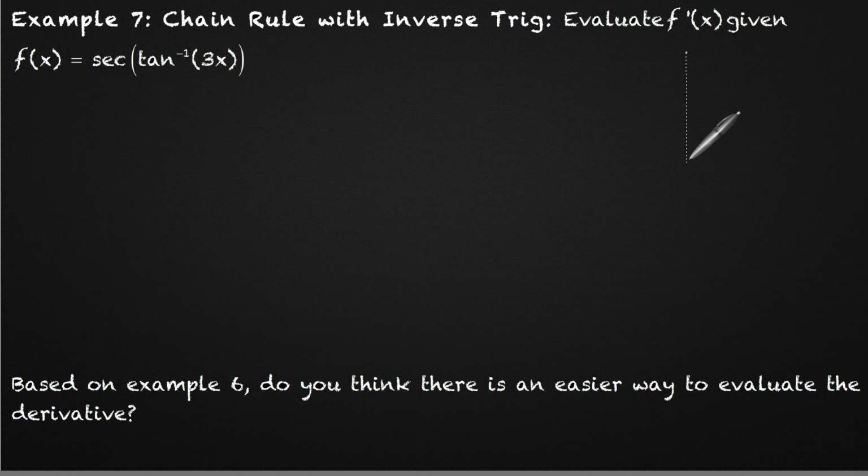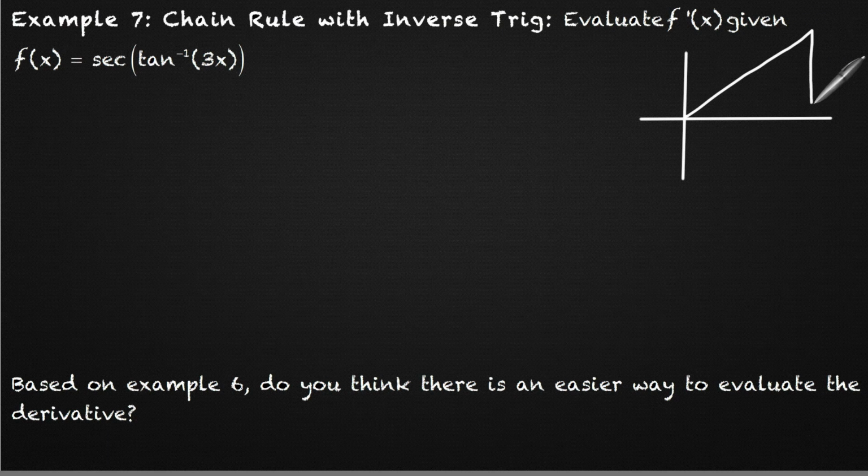Let's go ahead and make a triangle. And let's say that the inverse tangent of 3x means there's some angle theta that has an opposite side over an adjacent side, because we'll make this 3x over 1.